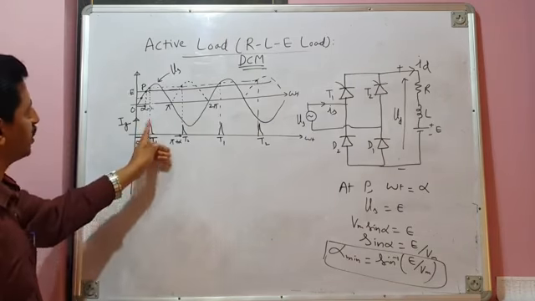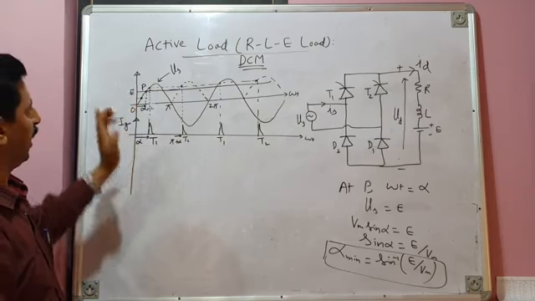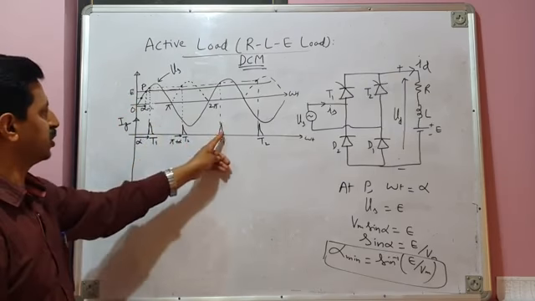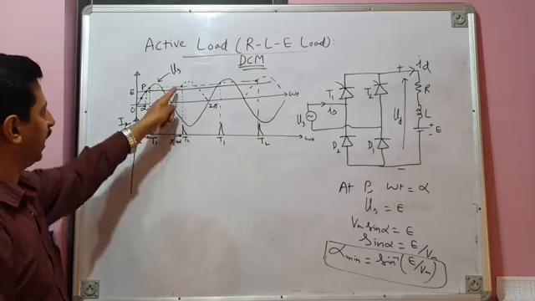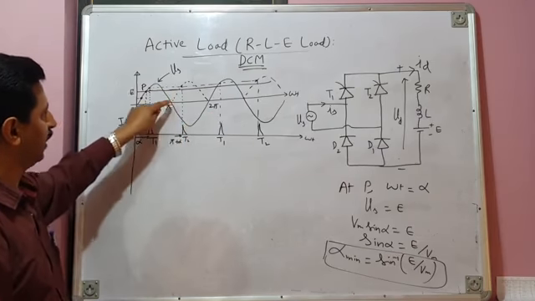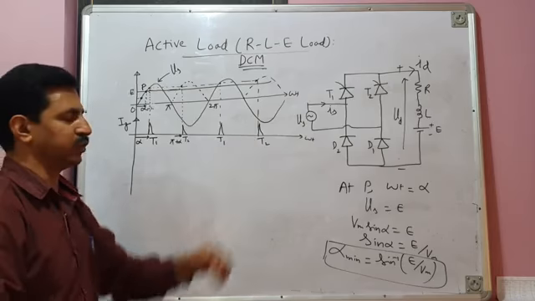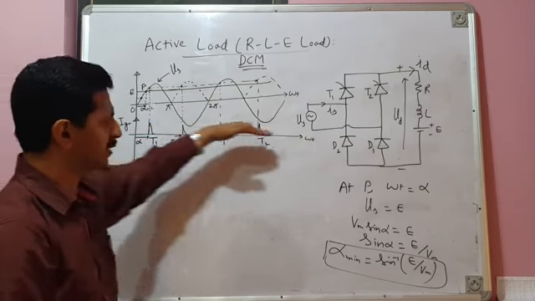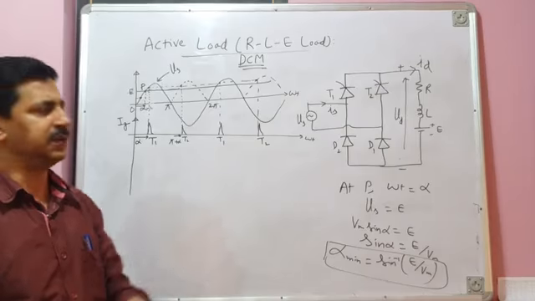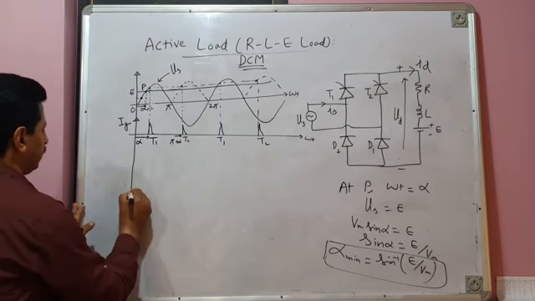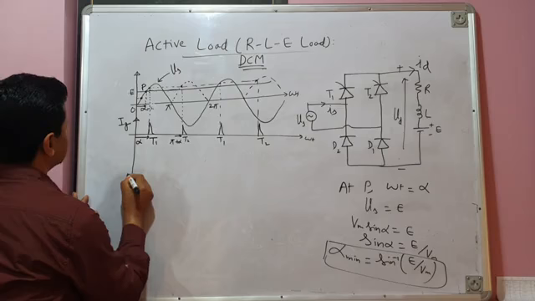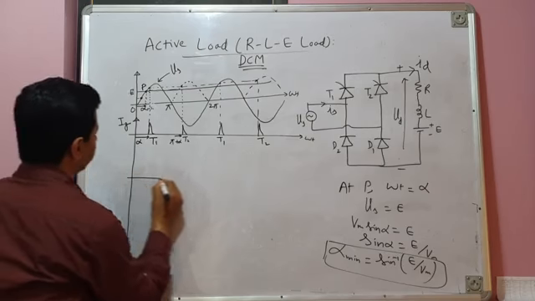So during the positive half cycles, after a delay of alpha degrees, the firing pulse is issued to thyristor T1, and in the negative half cycles, again after a delay of alpha, the firing pulse is issued to thyristor T2. So this shows the firing pulse pattern for thyristors T1 and T2. Now, let us draw the load voltage and load current waveforms.